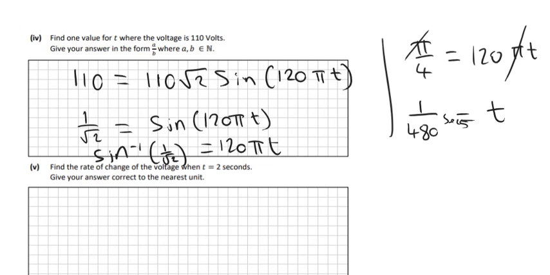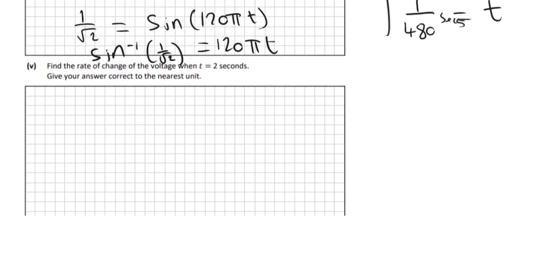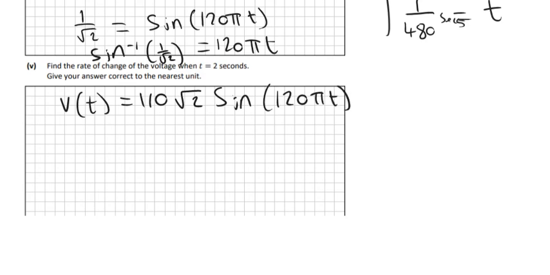Right, so the last part, find the rate of change. Wherever you see rate of change, you know you're just going to be differentiating it. So V of t equals 110 root 2 sin of 120 pi t. So V dash of t will be equal to, the differential of sin is just cos, it's positive cos, so 110 root 2 cos of 120 pi t.